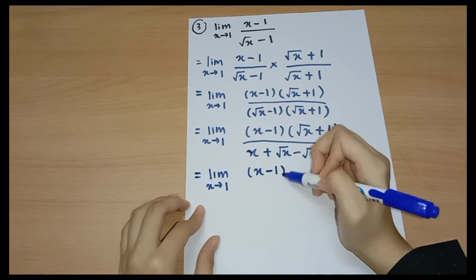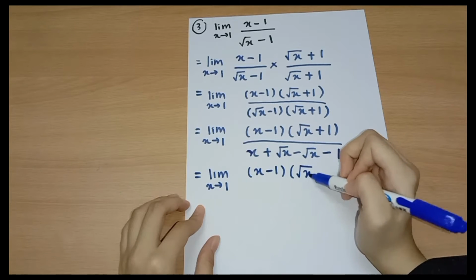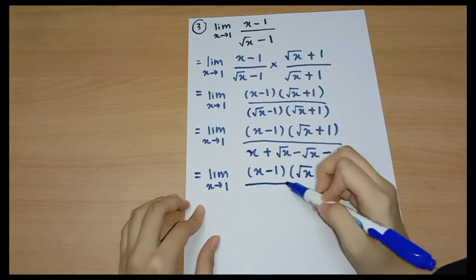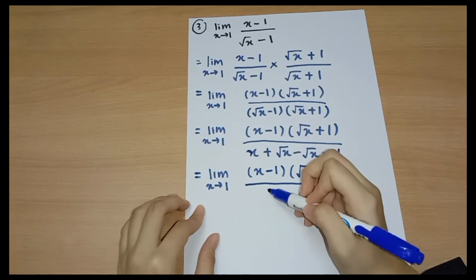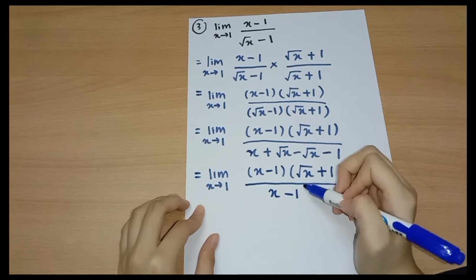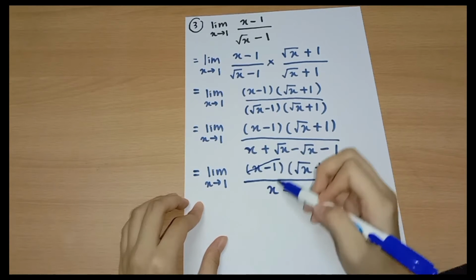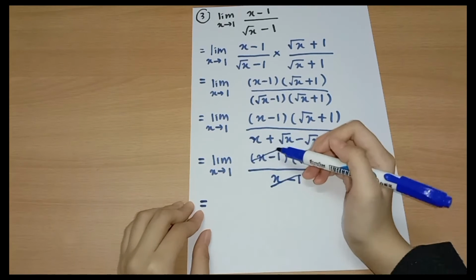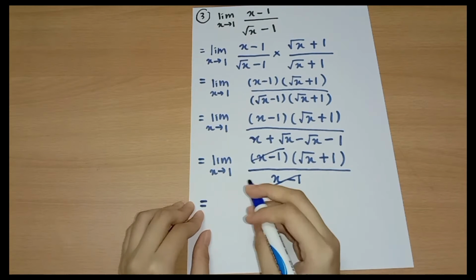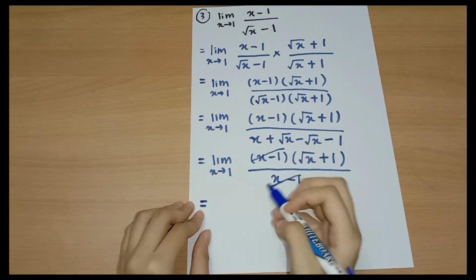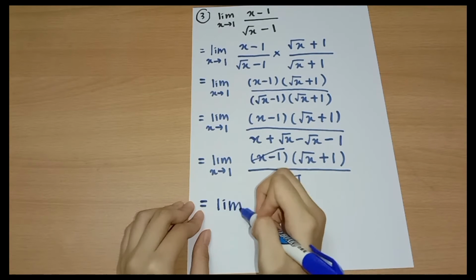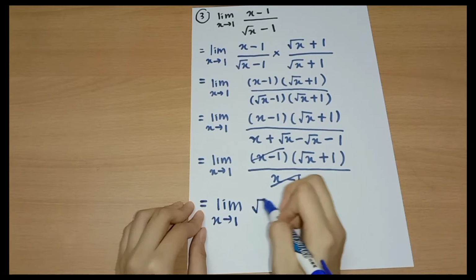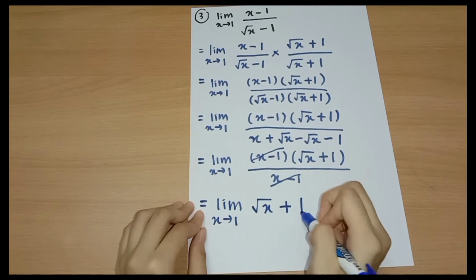Just write it back, the numerator, and we get x minus 1. So we can simplify it, and it become square root of x plus 1.